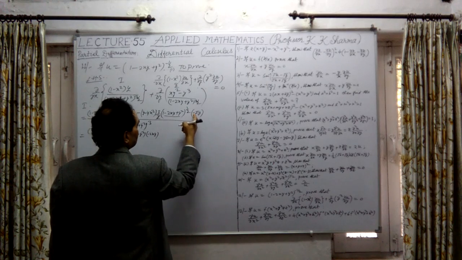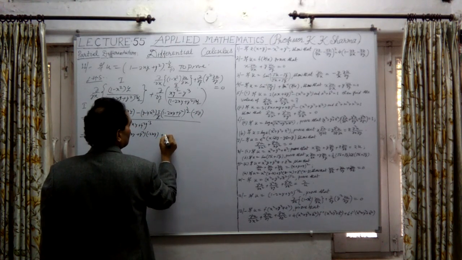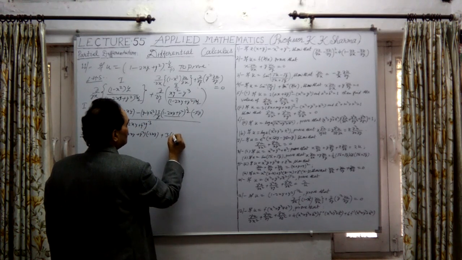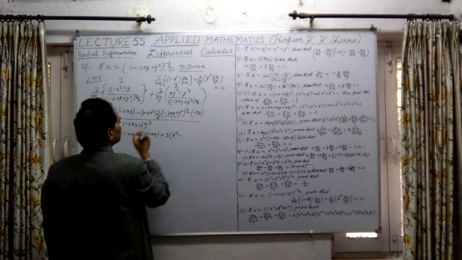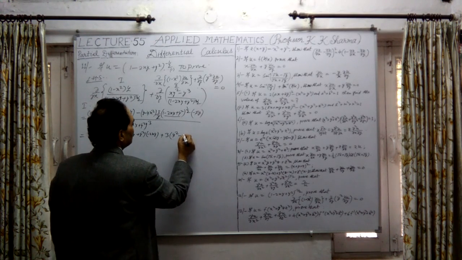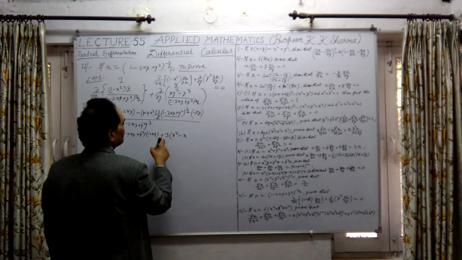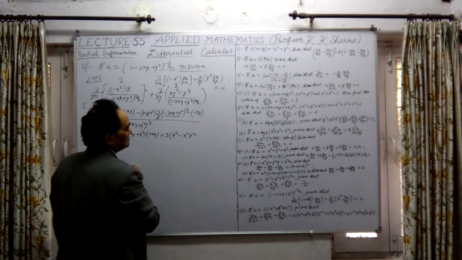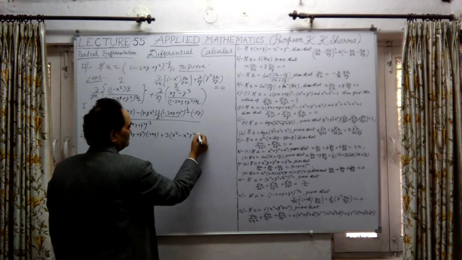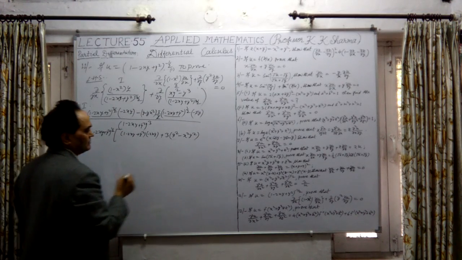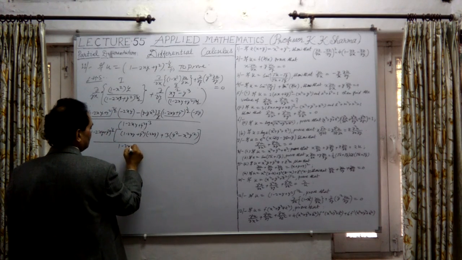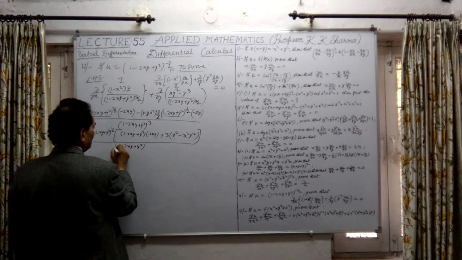Now here this minus sign is plus sign. Plus 3 into y. If I multiply this by y, that will be 3 into y square. Now this is y into x square, divided by 1 minus twice xy plus y square whole power 3.